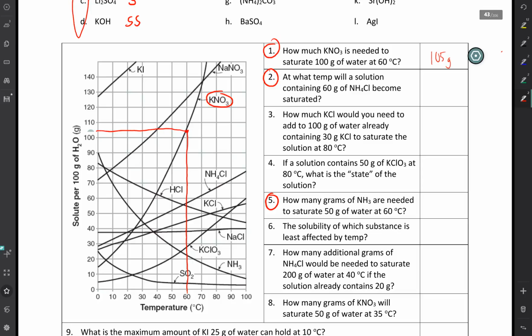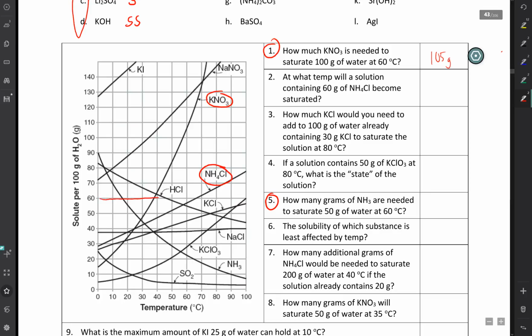Question number 2, at what temperature will a solution containing 60 grams of ammonium chloride become saturated? Same idea, find your ammonium chloride. There it is. I want to know what temperature a solution containing 60 grams of ammonium chloride becomes saturated. I'm going to go out on a limb and assume we're working with 100 grams of water at this point in time. I got to rewrite that question. So I'm going to find 60 grams.